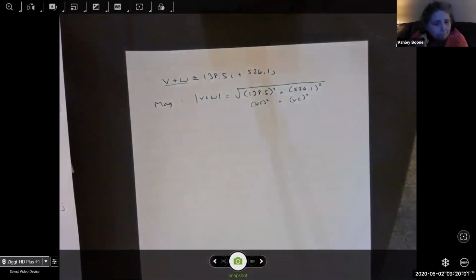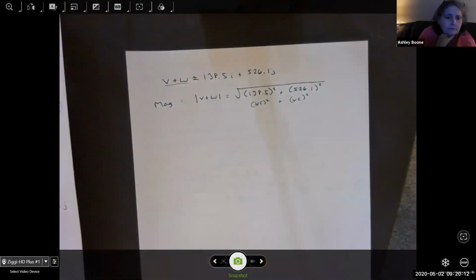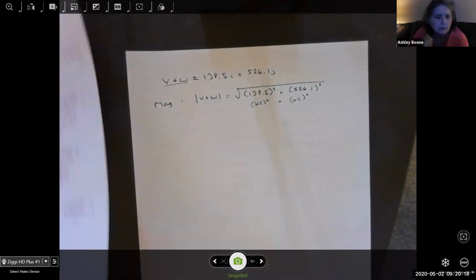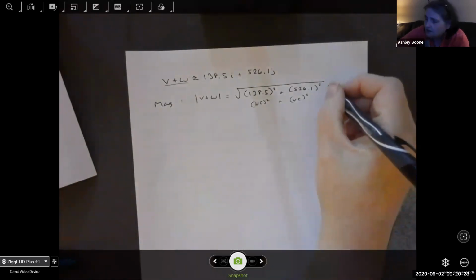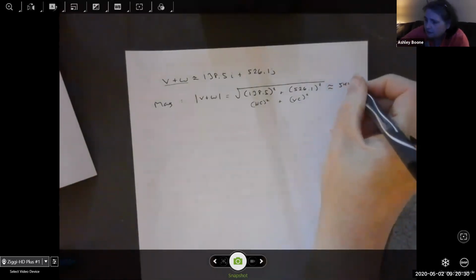So we go in, plug that in, horizontal component squared plus vertical component squared. Okay, magnitude. If you do all of that, you should get approximately 544.0.